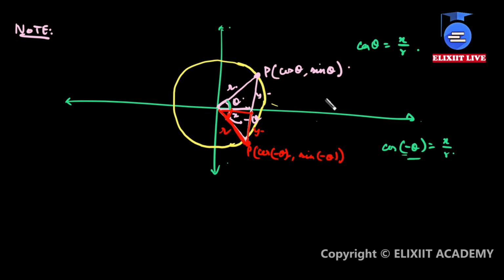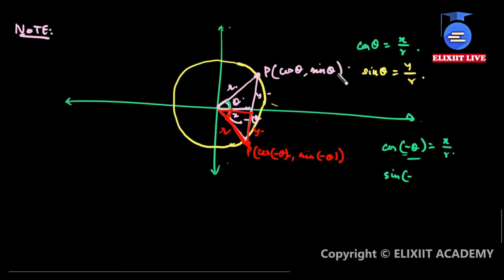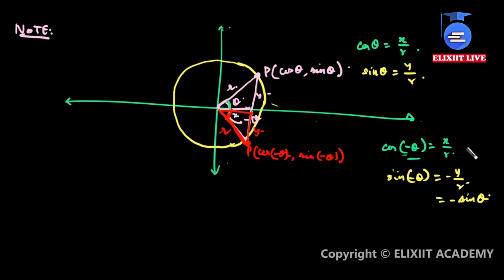The same goes for sine theta. Sine theta in the first quadrant is y by r, because x and y are both positive there. But in the fourth quadrant, measuring in the clockwise direction, sine of minus theta will be minus y by r, since y is negative in this case.